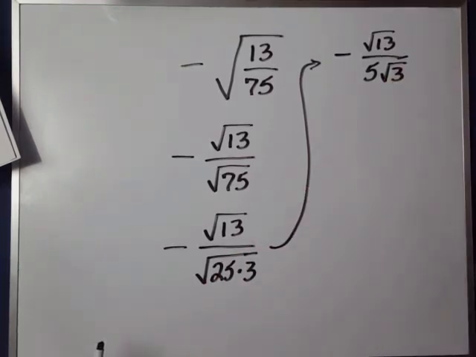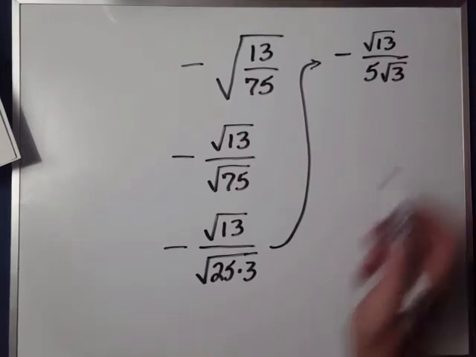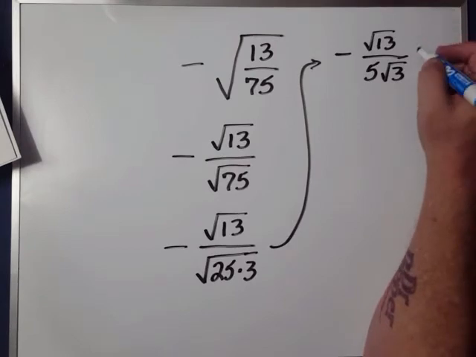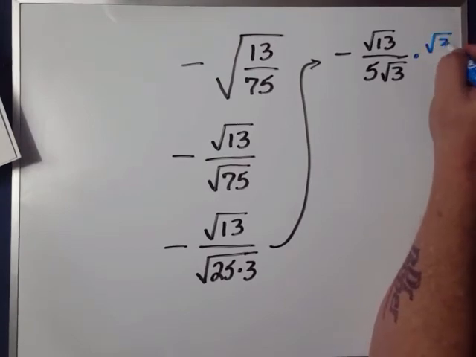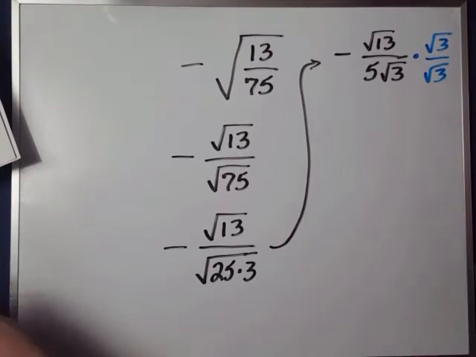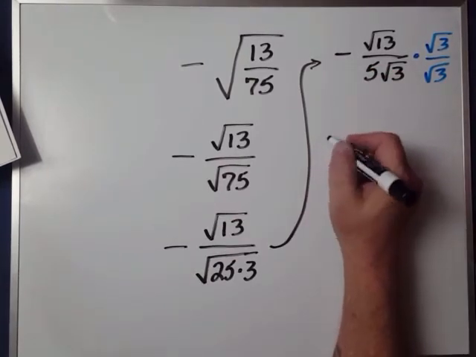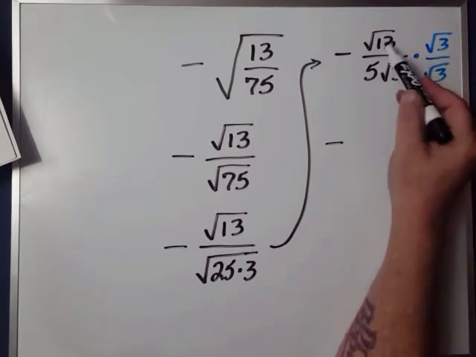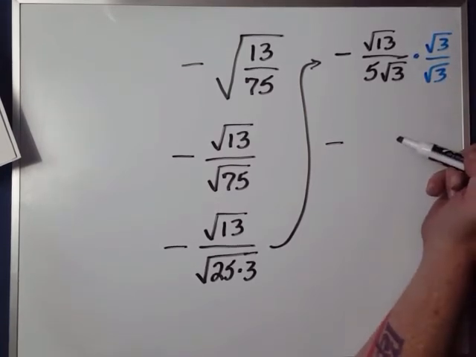Now we can look at rationalizing this denominator. We're going to multiply the top and the bottom by that square root of 3. We've got our floating negative out front. Square root of 13 times square root of 3.